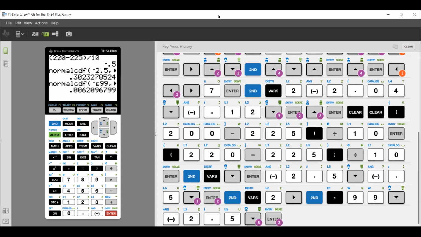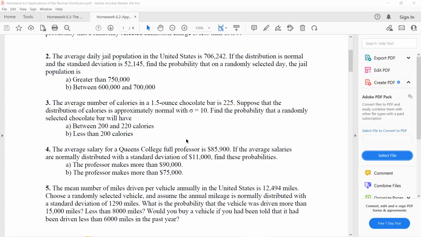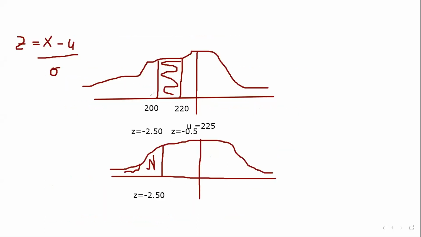So if you remember, let's go back. This is asking you for less than 200 calories, right? So 200, unless I'm mistaken, let me check. 200 was a negative 2.5 z-score, right?